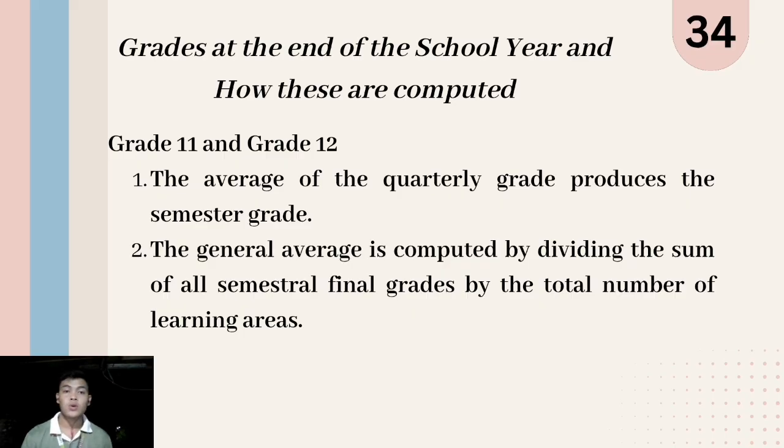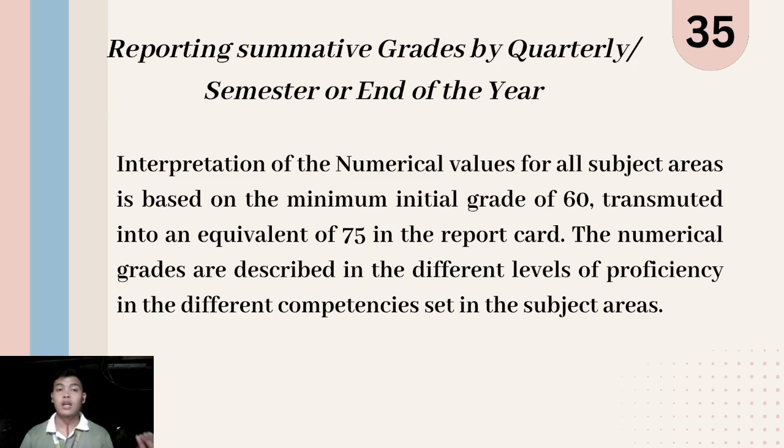So for us to gain an overview on the interpretation of the different levels of proficiency, I'll be sharing the levels of proficiency with their corresponding grading scale based on transmuted values. For advanced learners, we have 90% and above. For proficient learners, we have 85% to 89%.